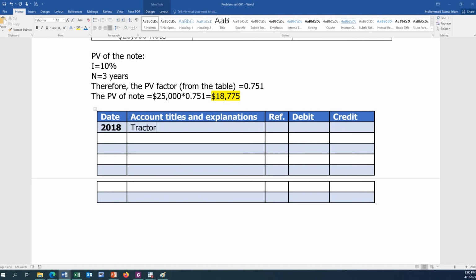So the tractor value would be 5,000 down payment plus the present value of the note, 18,775. So which is equal to how much?